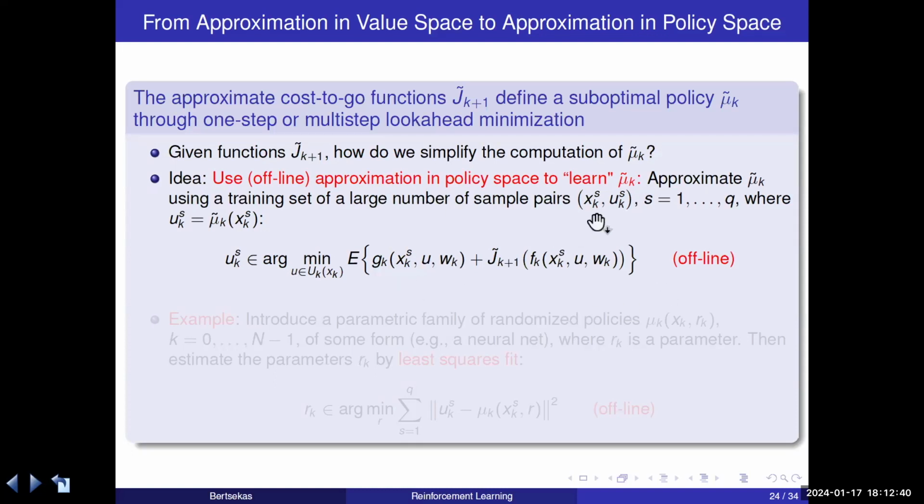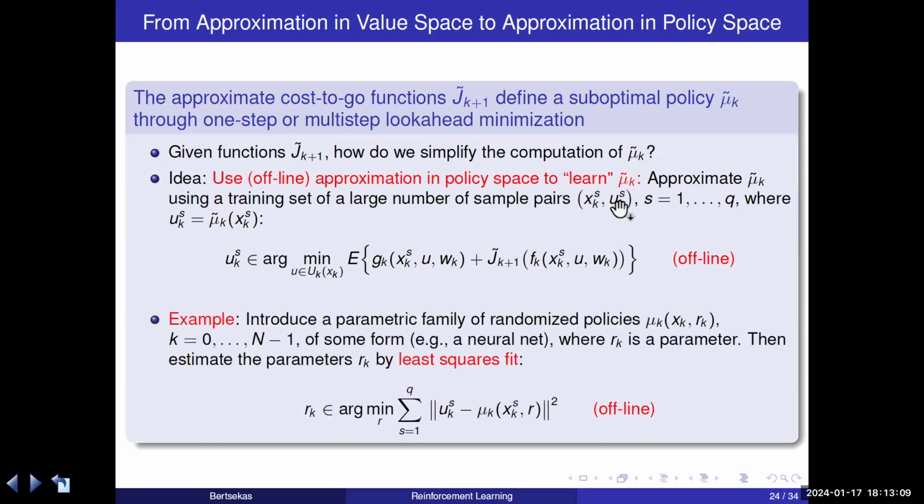So we generate a collection of representative states, a large number of them perhaps, and calculate the corresponding control that would be obtained by this one-step look-ahead policy. So we collect pairs like that, and we use them to learn a policy that replicates these pairs fairly closely.